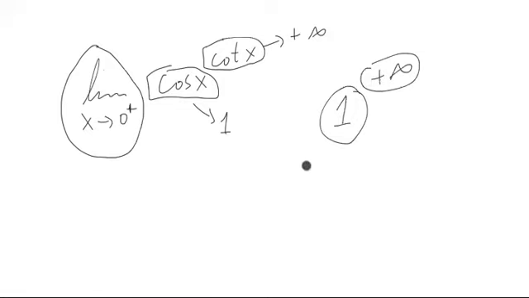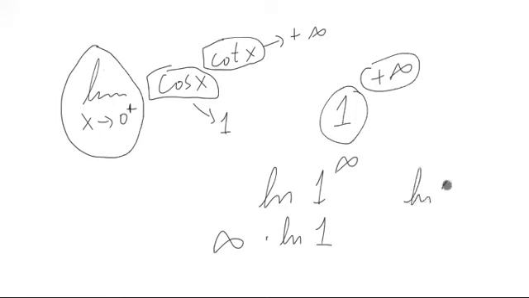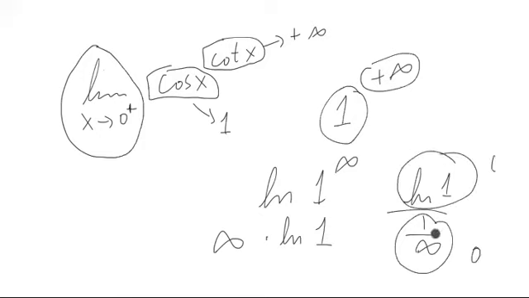Now, if you take a look at this for a minute, just think about this idea, natural log of 1 to infinity. What does this look like? This kind of looks like infinity times, this is just loose. This isn't real math. This is just kind of thinking about things intuitively, which looks a little bit like natural log of 1 over 1 to infinity. And this looks a little bit like 0, and this looks a little bit like 0.